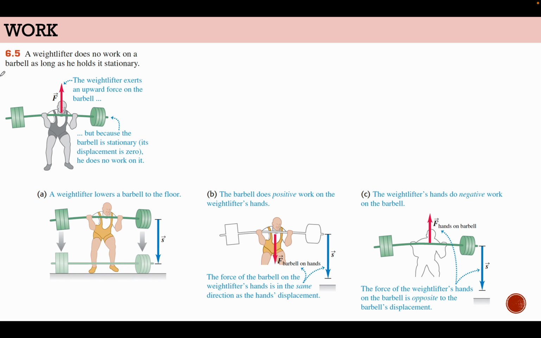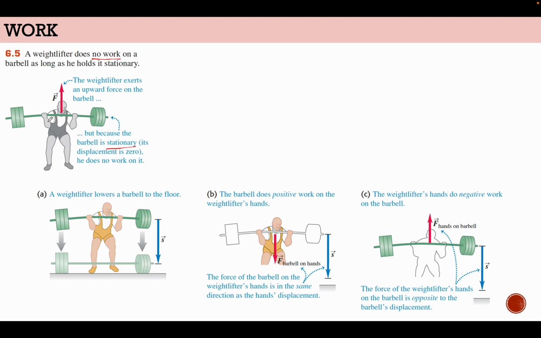In figure 6.5, we have a weightlifter who does no work on the barbell as long as he holds it stationary. The weightlifter exerts an upward force, but because the barbell is stationary, meaning it is not moving, the displacement is 0.